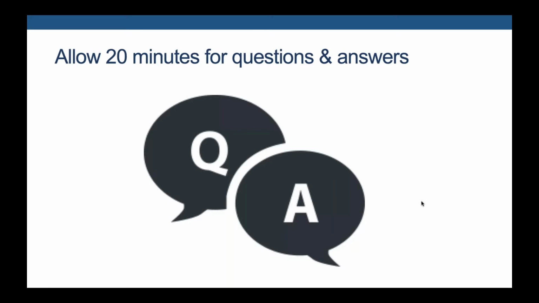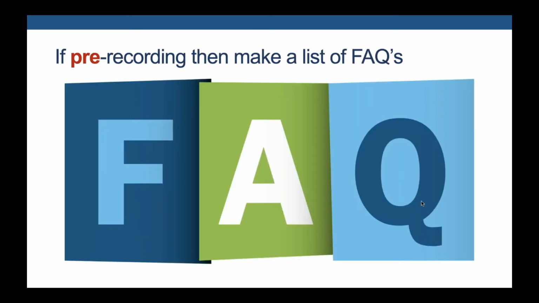But if you're pre-recording, in other words, what I'm doing today is I'm recording this, I'm not doing it to a live audience, which is why we had nobody on the polls, then what you would do in those instances, I think I mentioned briefly earlier, is you would put together a list of frequently asked questions and make those sound as if you are doing them live.